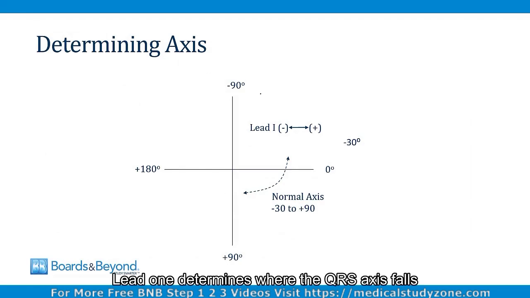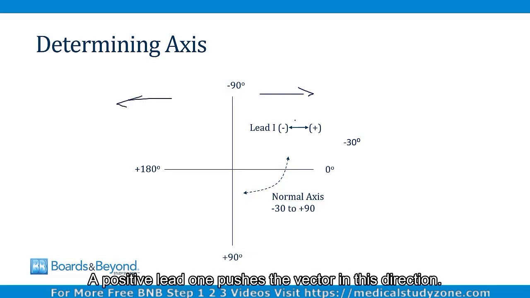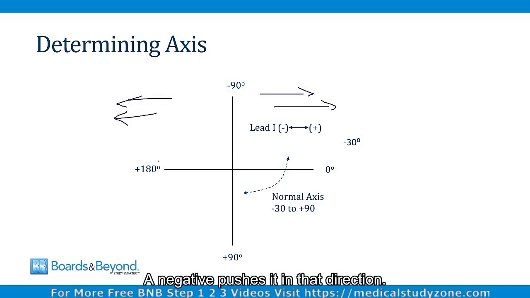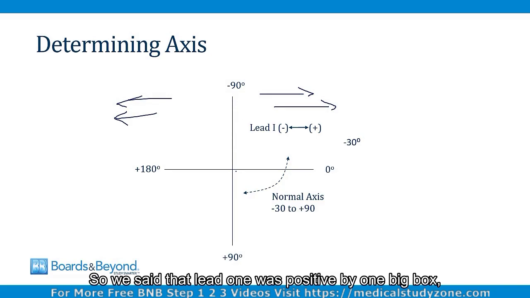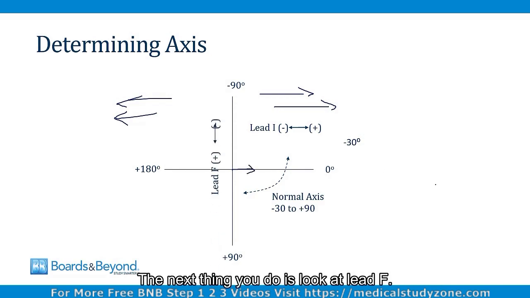Lead 1 determines where the QRS axis falls along the horizontal axis, meaning in this direction or that direction. A positive lead 1 pushes the vector in this direction, a negative pushes it in that direction. So we said that lead 1 was positive by 1 big box, so I'm going to draw a line in this direction.